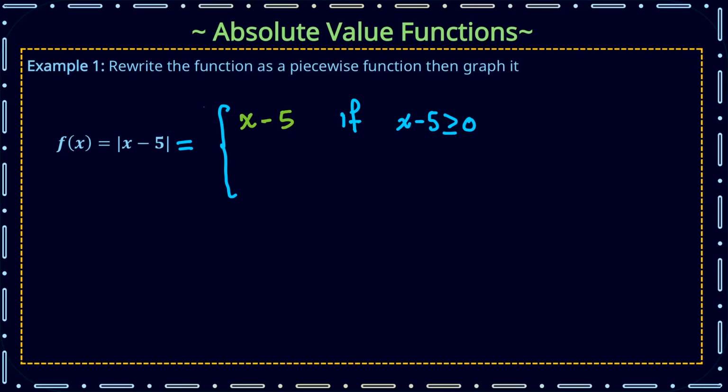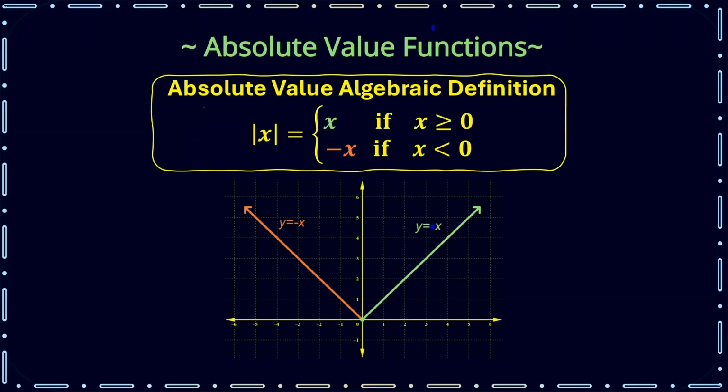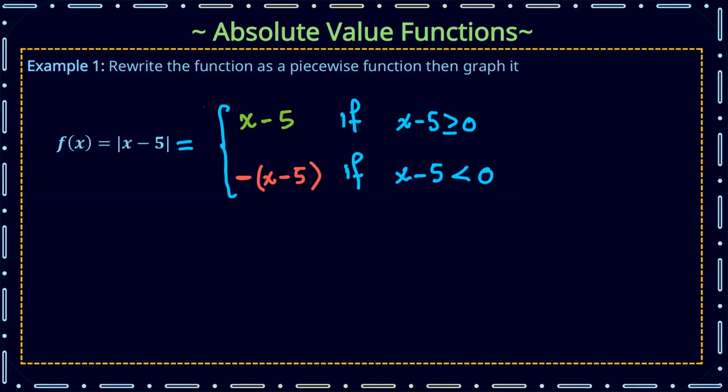On the other hand, absolute value of something is the negative of that thing, in this case the negative of x minus 5. And this happens if inside of the absolute value x minus 5 is less than 0. Notice that we are using the same definition. Instead of x, we have x minus 5. So just replace x with x minus 5 anytime you see a different argument instead of x.